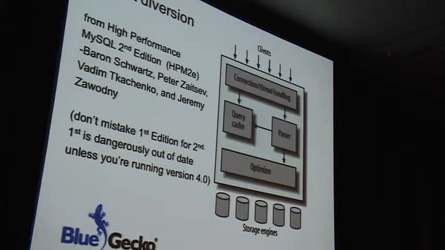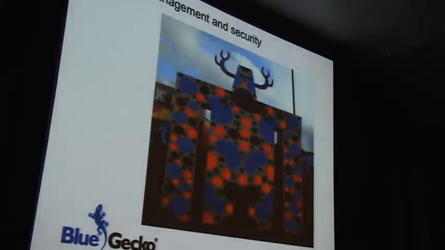You have your connections and thread handling, you have a choice of going to the query cache or the parser, you move through the optimizer, and then it actually asks the storage engines for the data, and occasionally, depending on the storage engine, some of the work happens within the storage engine as well. But I do always want to call attention to that book. It's a really fantastic book.